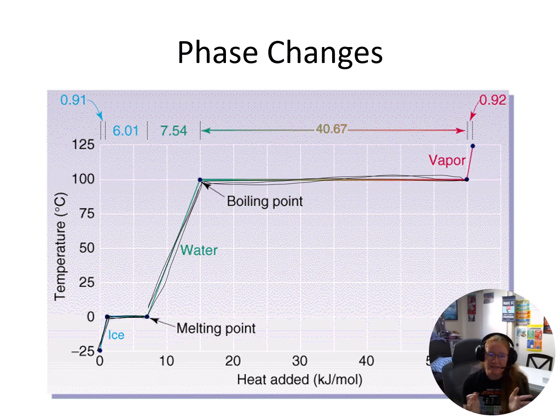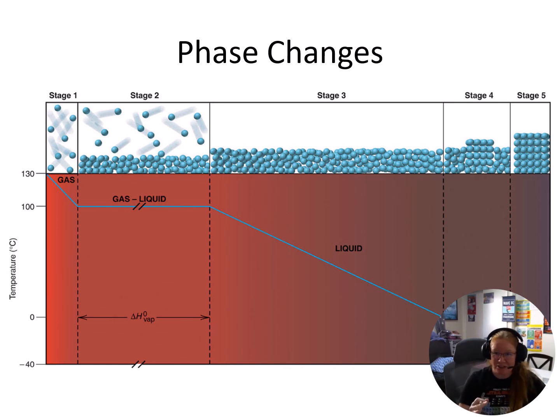So why is the line for going between solid and liquid so much smaller than the line between going from liquid to vapor? Well, this has to do with understanding these intermolecular force attractions. The delta H of vaporization is a lot larger than the delta H of fusion, because if we look at this picture here, this is just doing the same thing opposite.